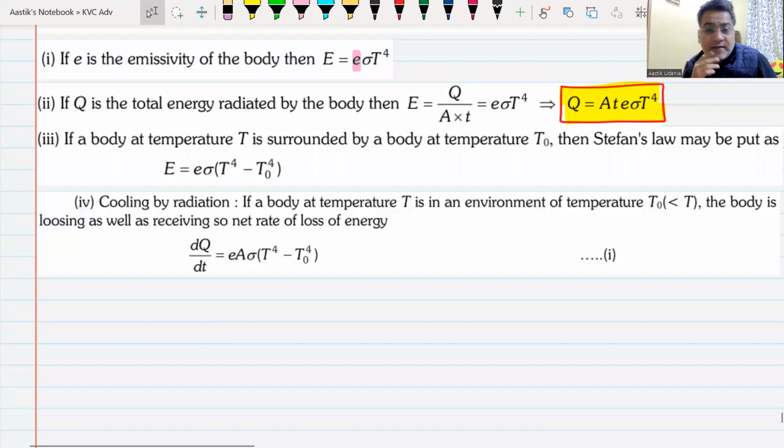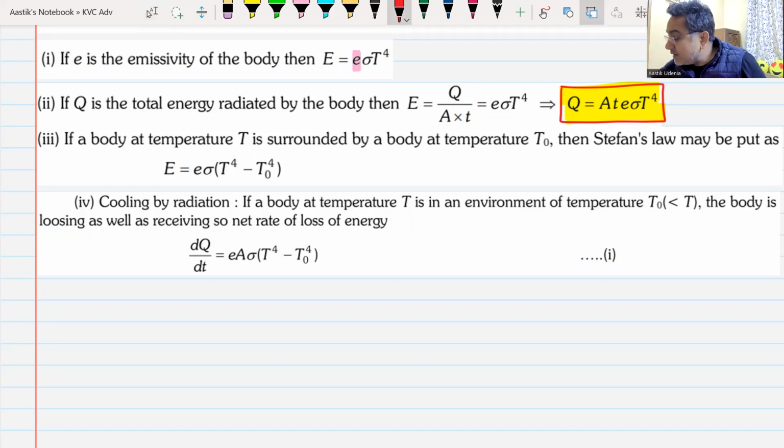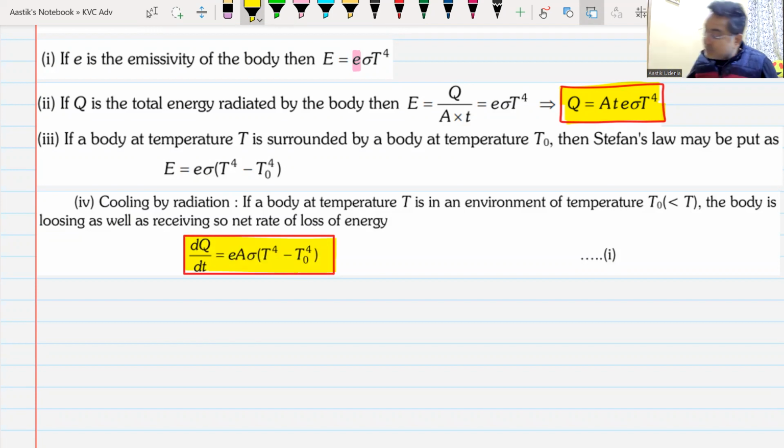So, if I am at a temperature T, and the surrounding is at a temperature T naught, I will be losing heat by this rate. I just multiplied the above equation by A. Do we understand this? Yes, sir.